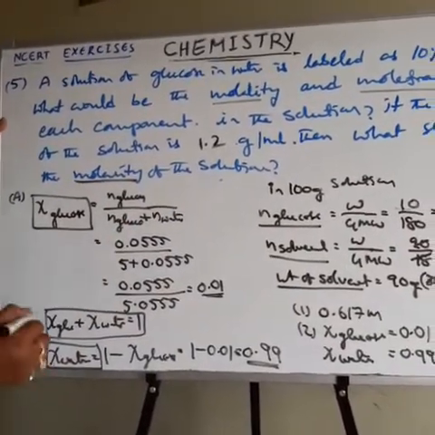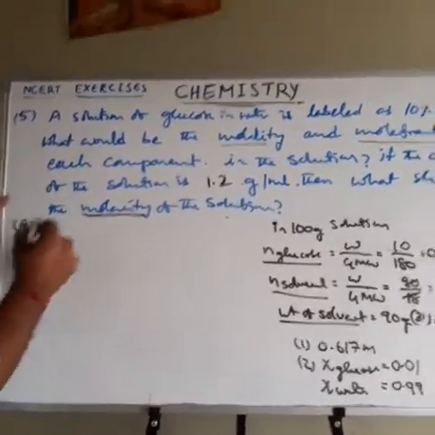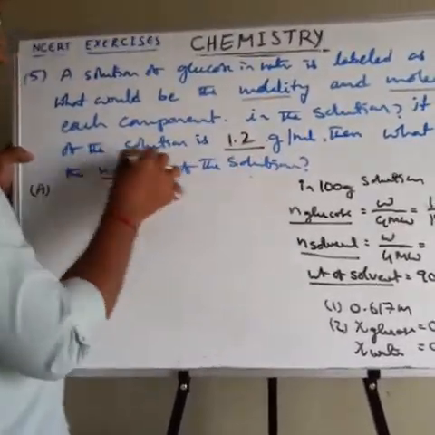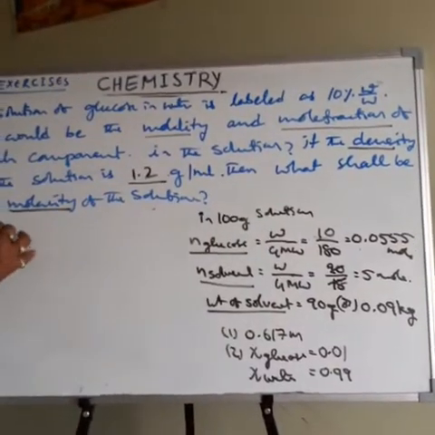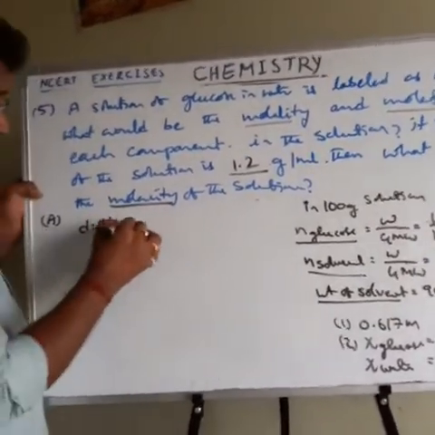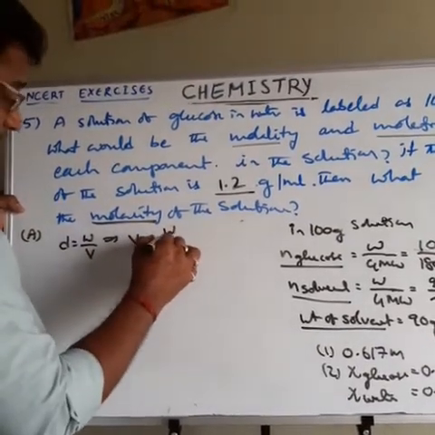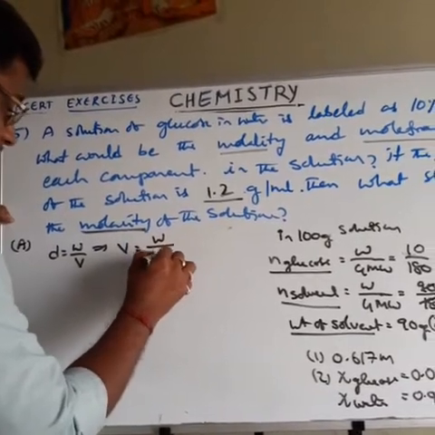Then the third one is molarity. Before going to molarity, what is given? Density of the solution is given. Density is equal to weight by volume. Therefore volume of solution is equal to weight of the solution divided by density of the solution.